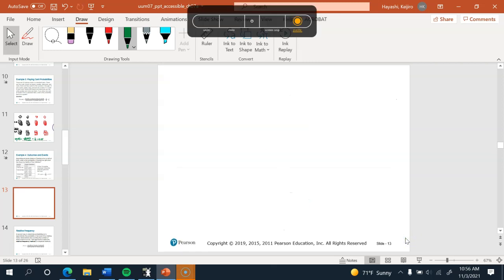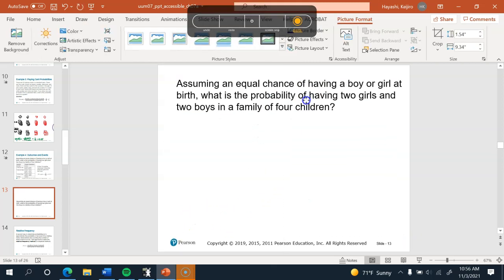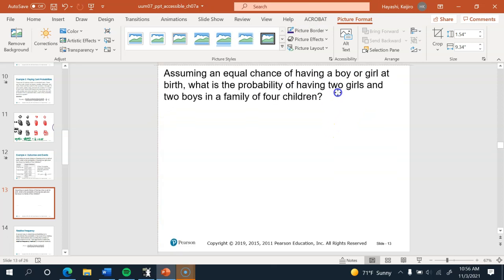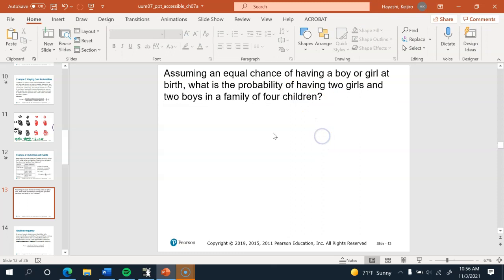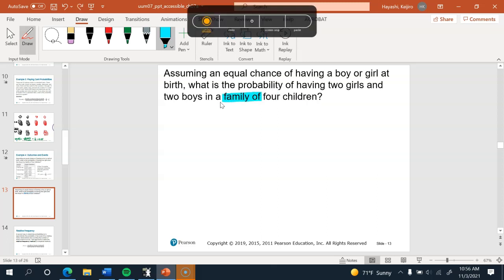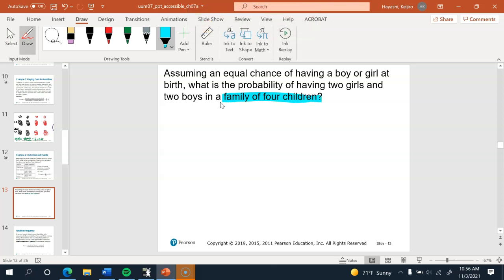So before we talked about the probability of what happens when a family has 2 kids. Now we're thinking about families with 4 children. 2 times, there's going to be 16.